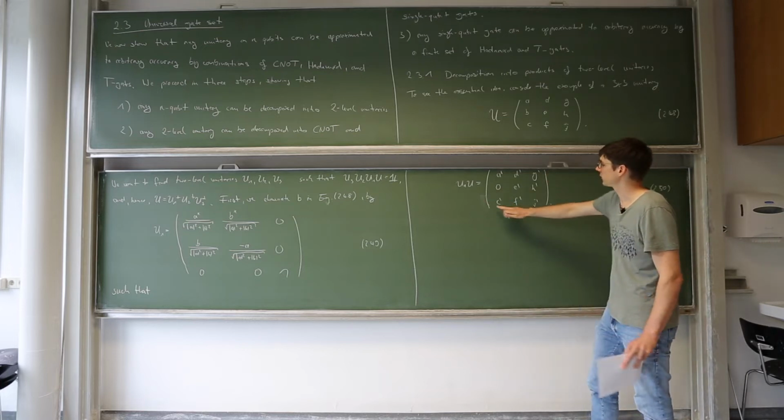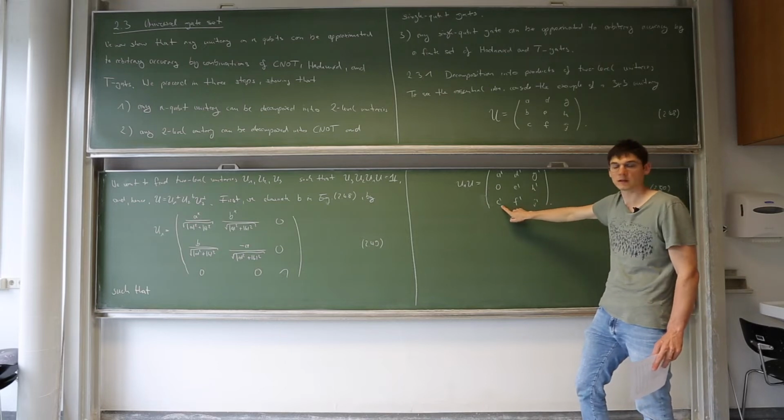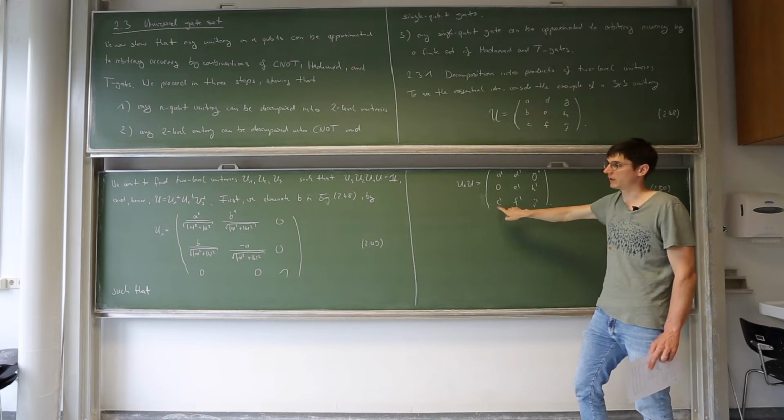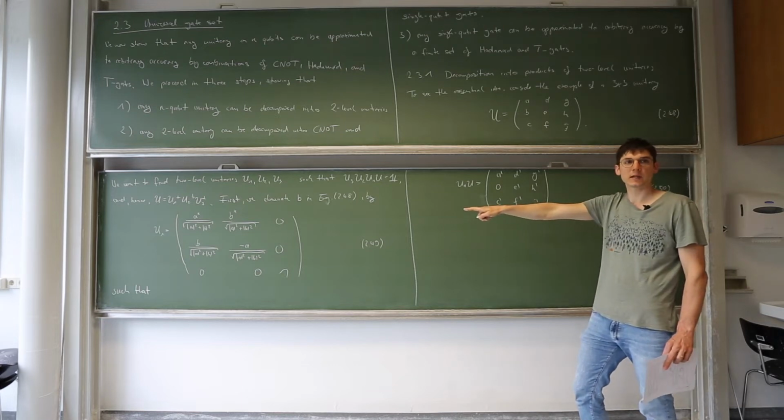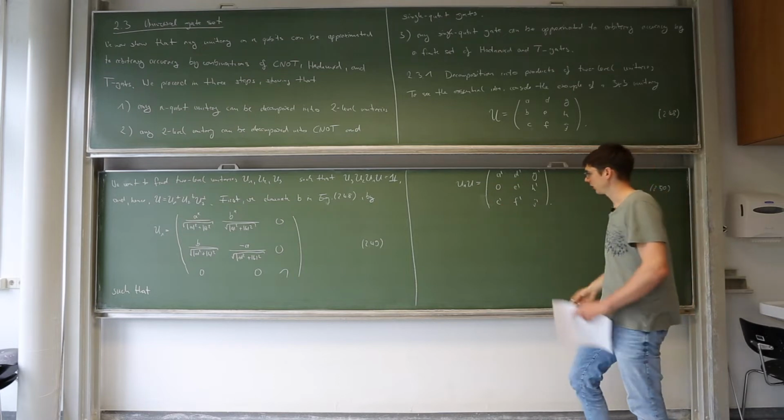Now let's do the same trick and eliminate C prime here. So now we have 0 here, and we want C prime also to be 0. We can do the same trick and multiply with such a two-level unitary in order to get rid of C prime.